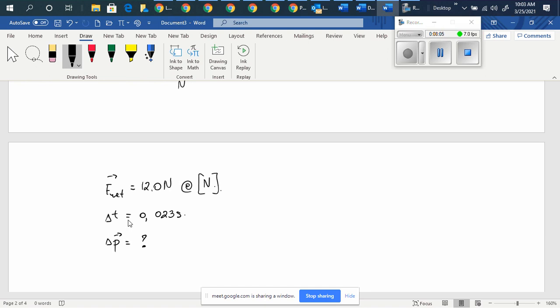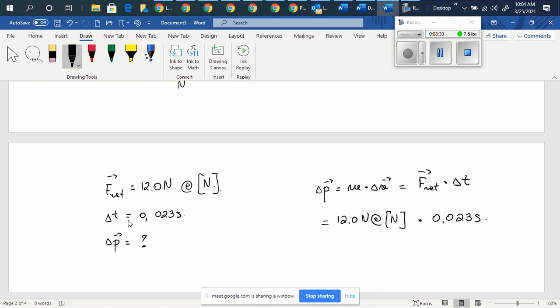Based on what we said, the change of momentum, which is mass times change of the velocity, is equal to the net force times the time. So the average net force is 12 newtons going north times 0.023 seconds.